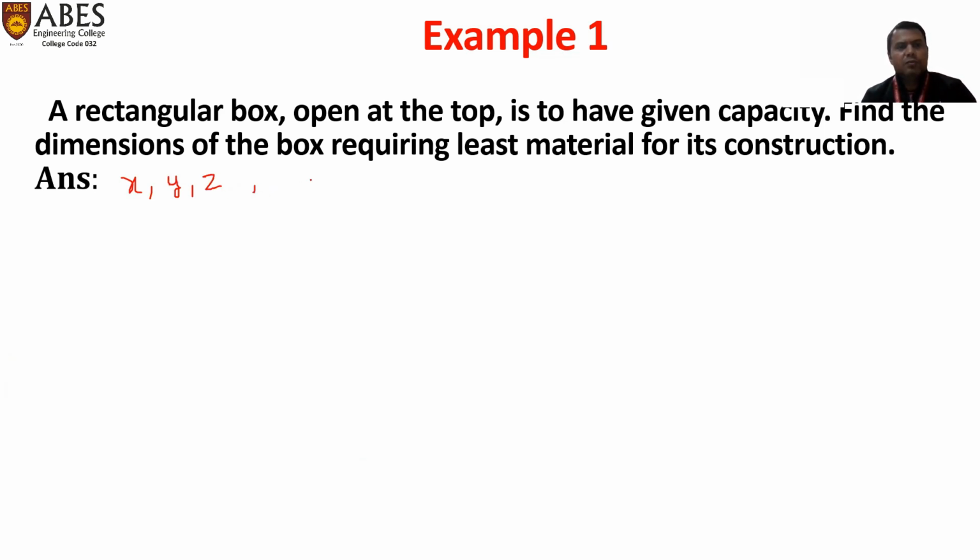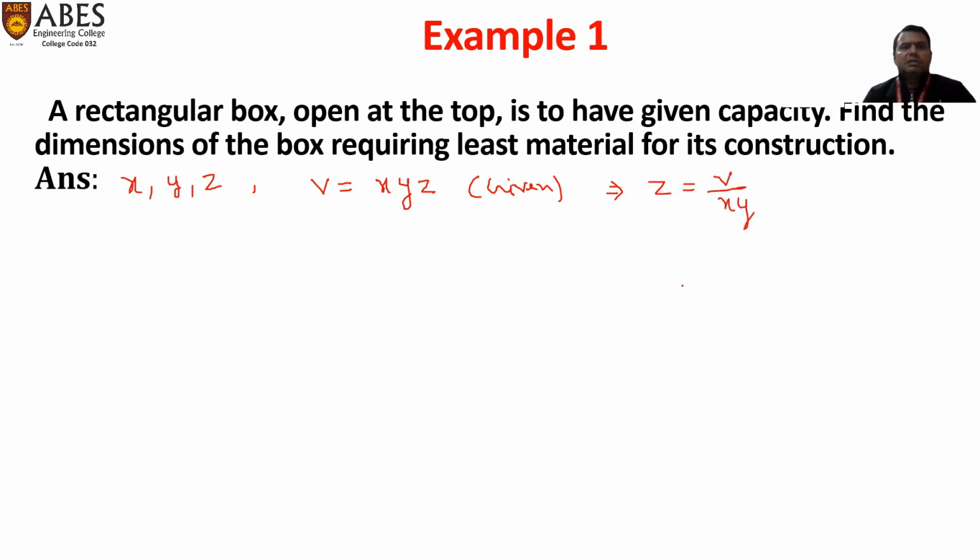Then its volume V equals xyz. Since the capacity is given, that is, the volume is given, V is given. Now we find z in terms of x and y.